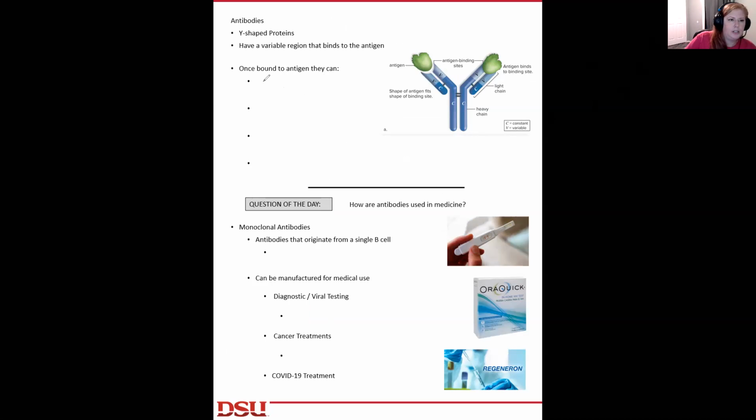Once an antigen has been attached to an antibody, there are 4 different things that the antibody can then do. First, they can call in my personal favorite, the complement proteins, sometimes just called complement. They can trigger phagocytosis.